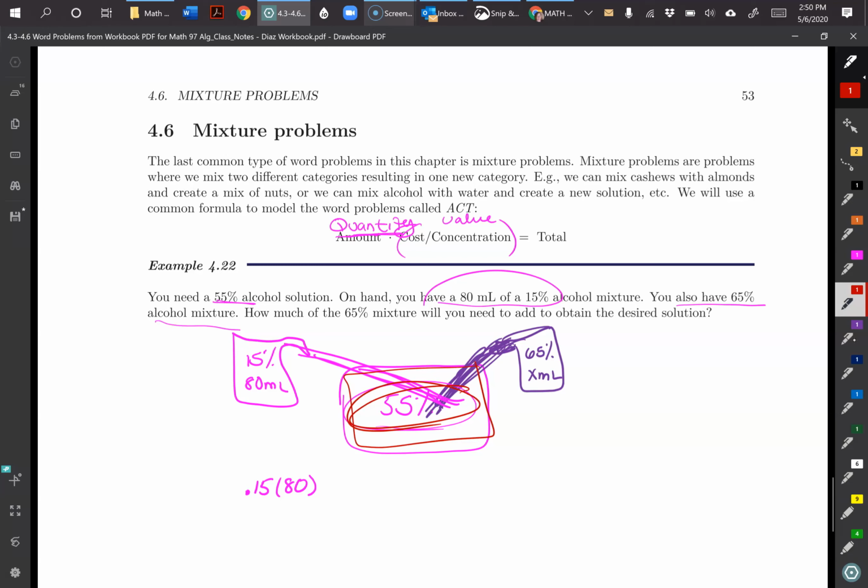And how many milliliters would that be? Well, it would be what we have here, the 80 plus my X there.